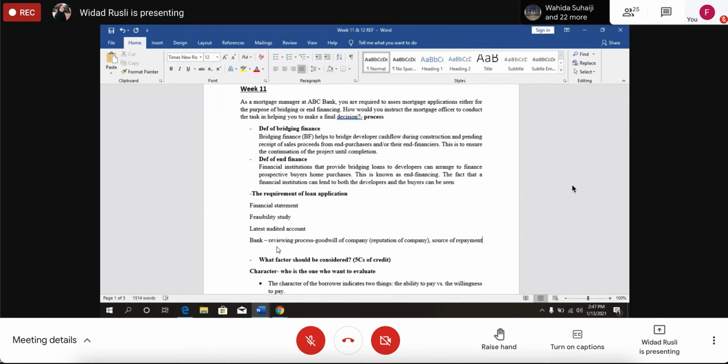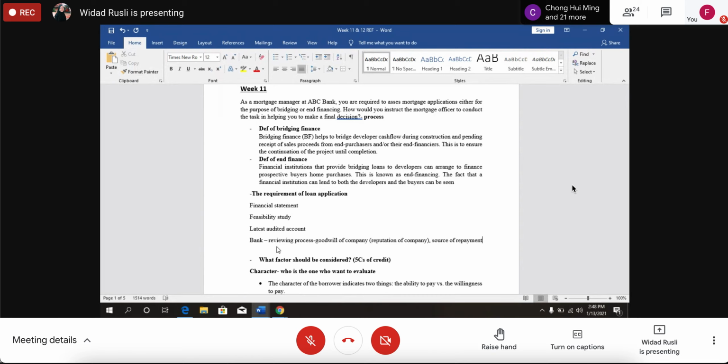Although the purpose of both loans differs, because one is for the construction or development, and the other one is for buying the units. But in terms of the process, it will be the same. So that's why you can combine together, except on certain things that may be applicable to bridging finance only, but not applicable to end finance. But basically, without the bridging finance, you cannot establish the end finance.